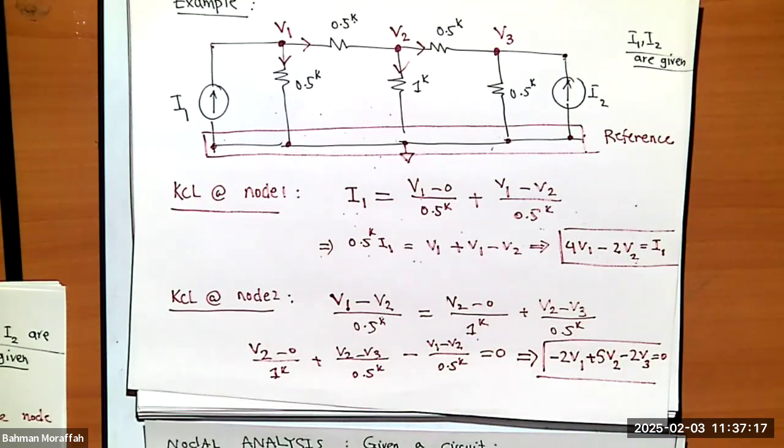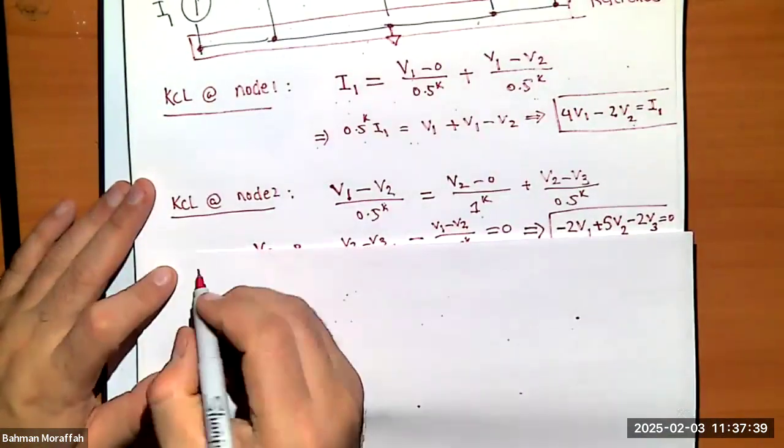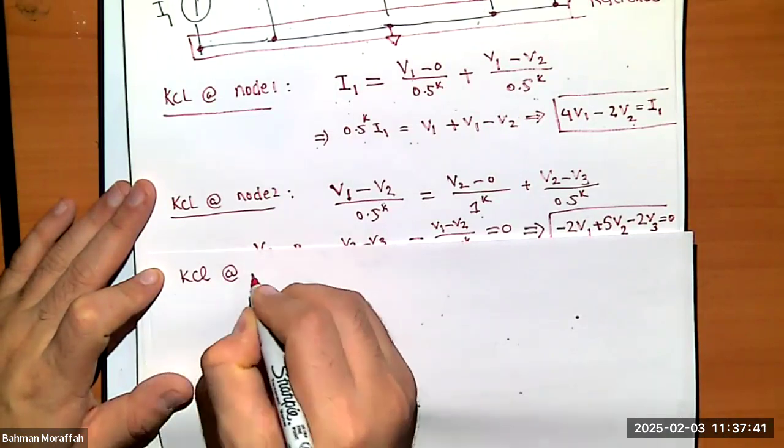If you look at this, I still have 2 equations but 3 unknowns. I need one more equation to be able to solve this system of equations. But I can do this because I have node 3, right? So I'm going to write the KCL for node 3.